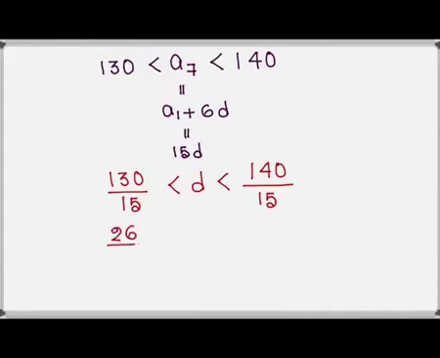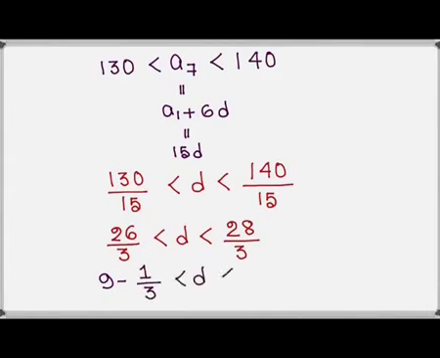So we get this inequality: 26 divided by 3 is strictly less than D, and D is strictly less than 28 divided by 3. We can write it like this: 9 minus 1 by 3 is strictly less than D, and D is strictly less than 9 plus 1 by 3.